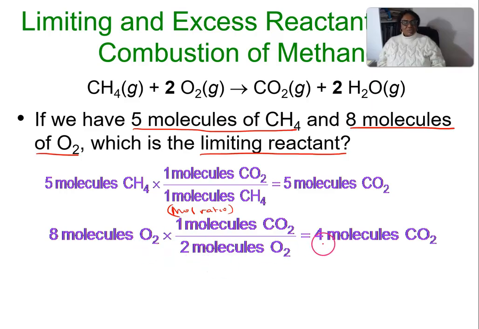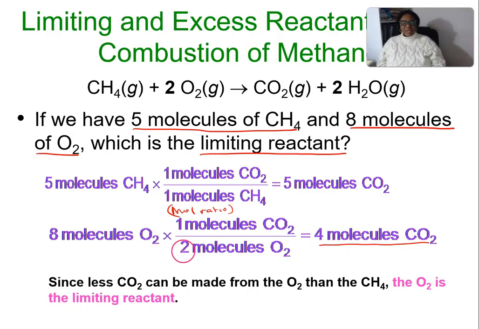This is a mole ratio. We notice that 8 molecules of oxygen is going to produce 4 molecules of carbon dioxide. Since less carbon dioxide can be made from oxygen than methane, oxygen is therefore the limiting reagent.